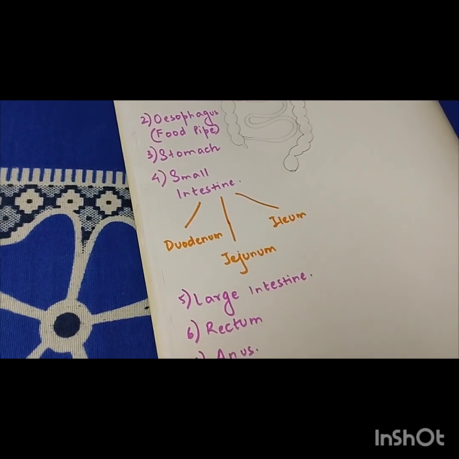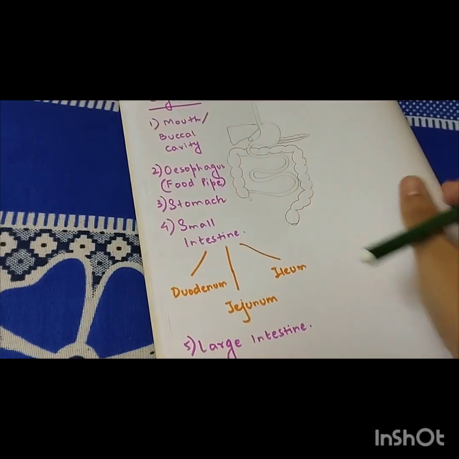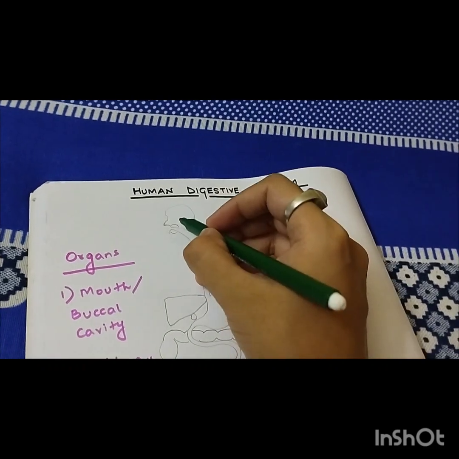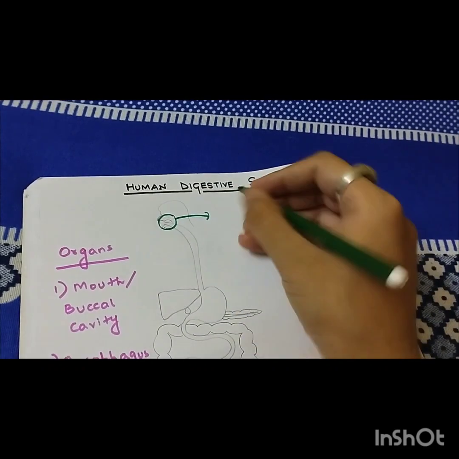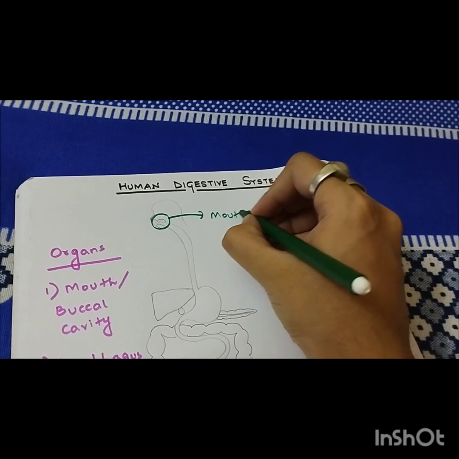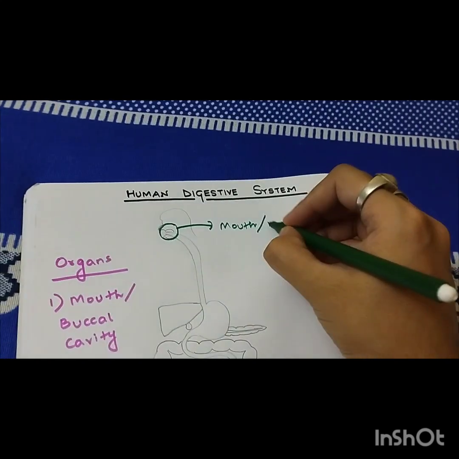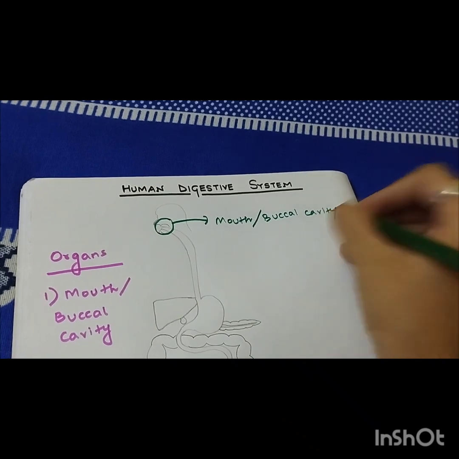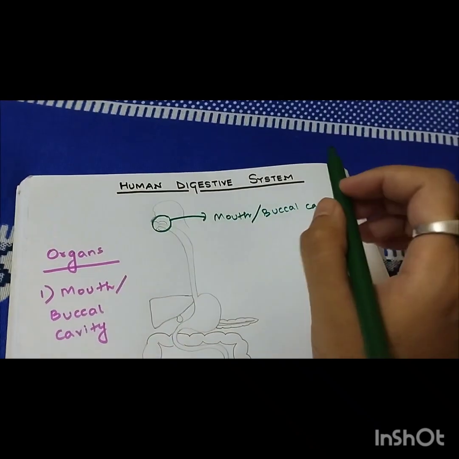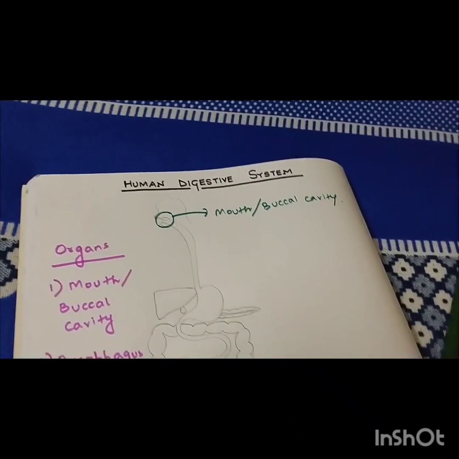So, now we will study the first part, that is the mouth or buccal cavity. The mouth has three main components.